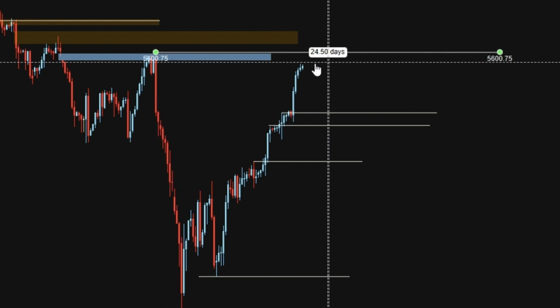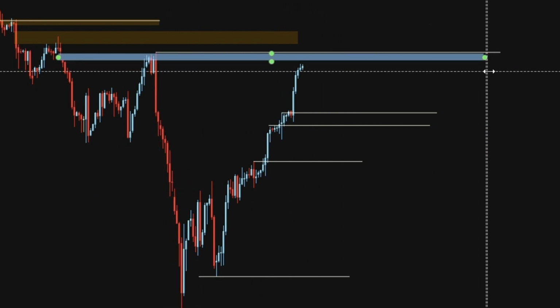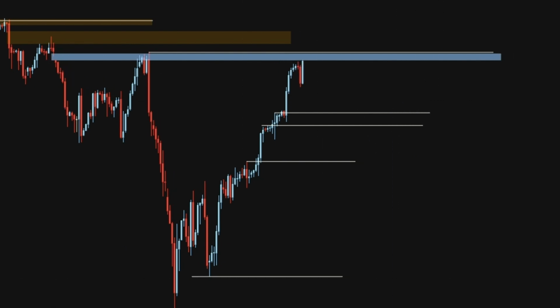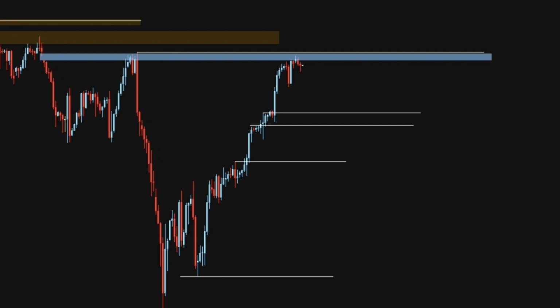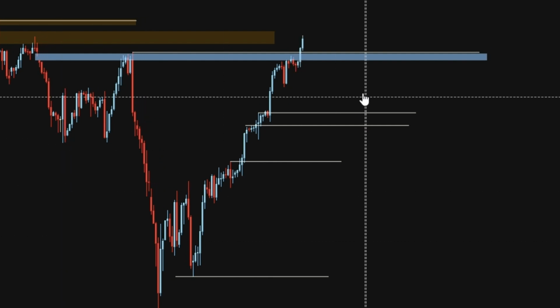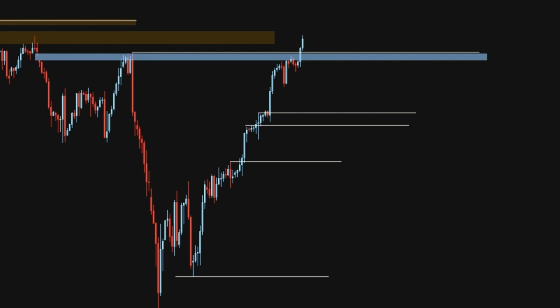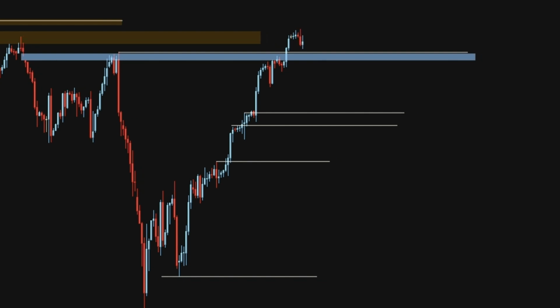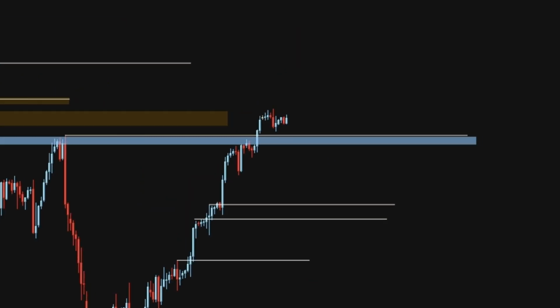So we shall see this area, how price is gonna act there. Yeah, so it's still displacing or still breaking, right? That's how displacement gives us an idea on what price is trying to do.